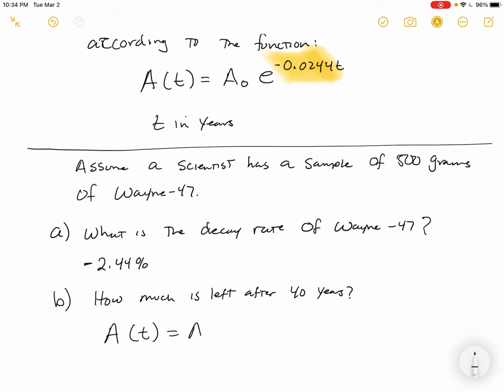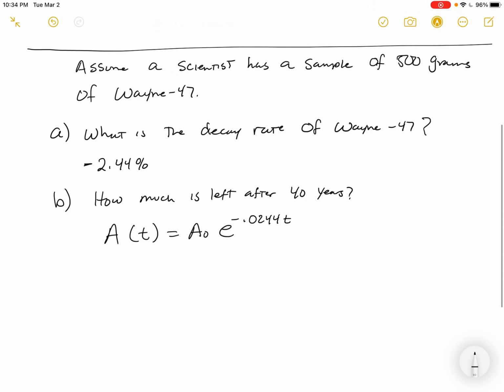We know A of t is equal to A sub 0, e to the negative 0.0244t, and t is in years. And so what do we know? Well, we want a time of 40. We have an initial amount of 500, e to the negative 0.0244, and the time is 40. So we're just figuring out this right-hand side. What are we going to do?